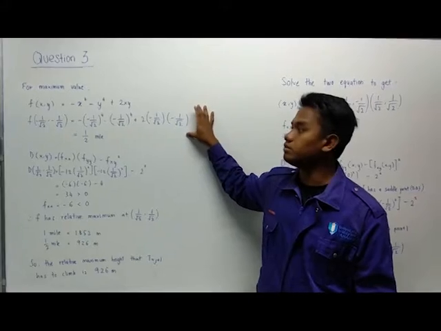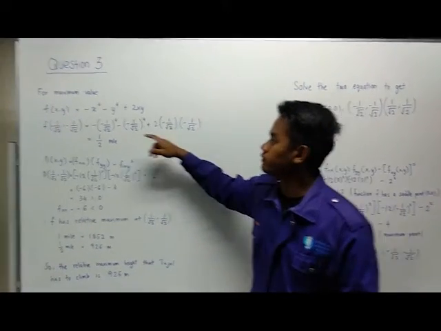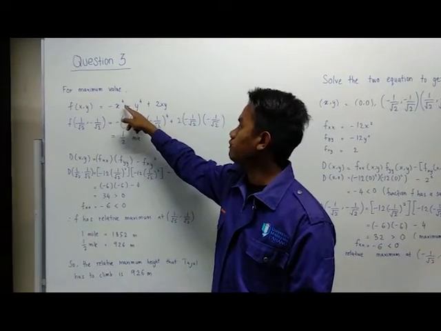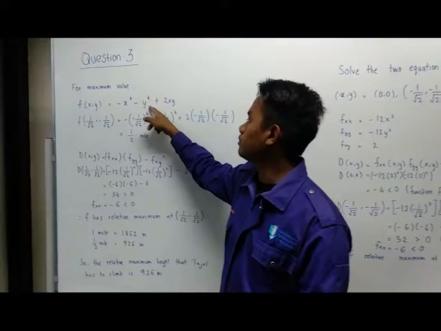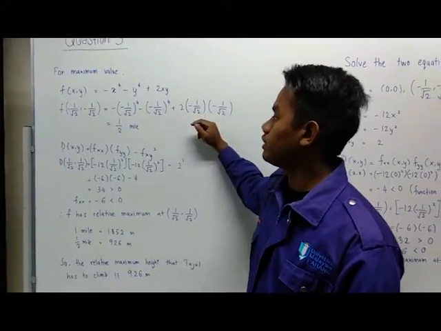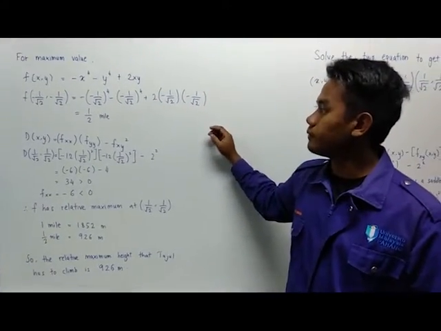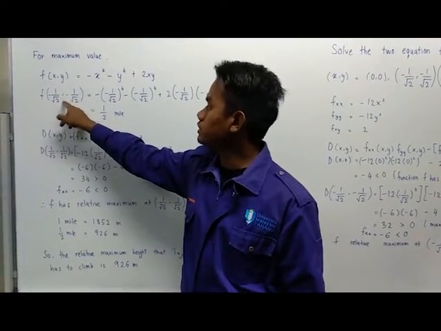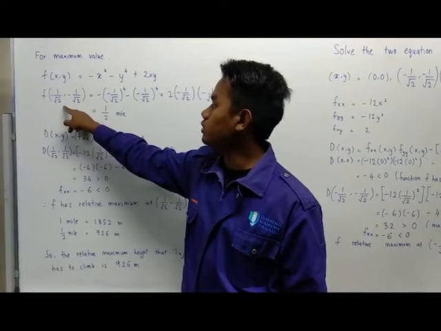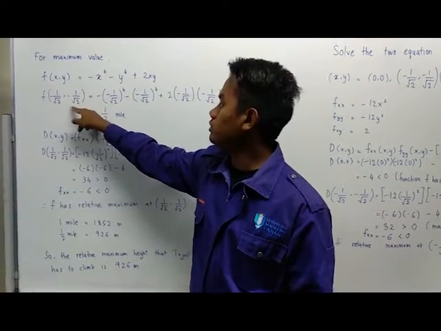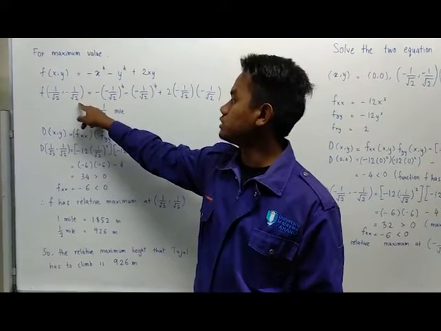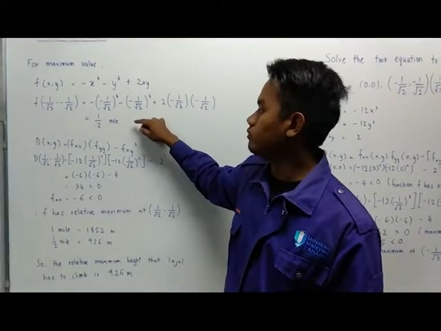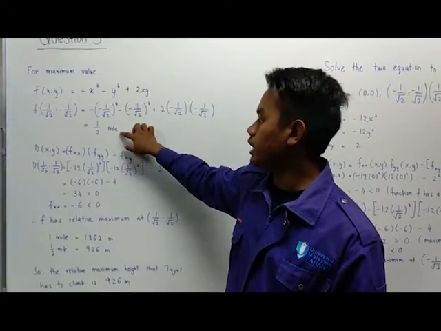To calculate the maximum value, for the function f(x,y) equals negative x to the power of 4 minus y to the power of 4 plus 2xy, we substitute the critical point, negative 1 over square root 2 and negative 1 over square root 2, and you will get the maximum height value is 1 over 2 miles.